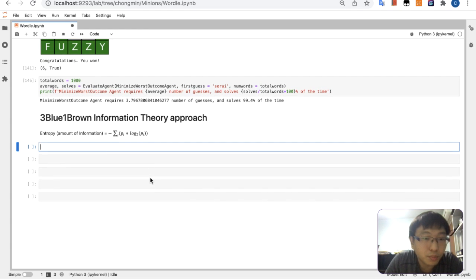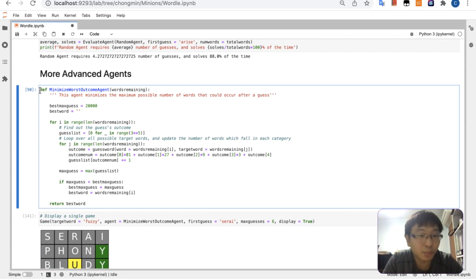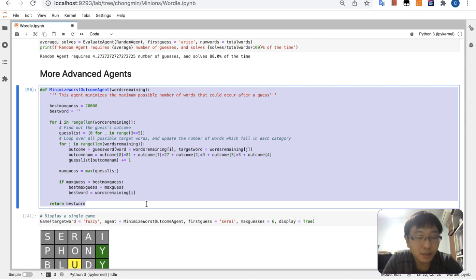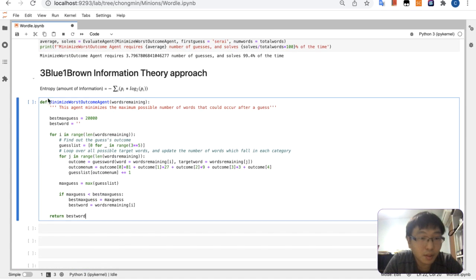So essentially the agent will be very similar to this. We can just copy and paste this thing here, and maybe we just call this the entropy agent. This agent minimizes the entropy that could occur after a guess.